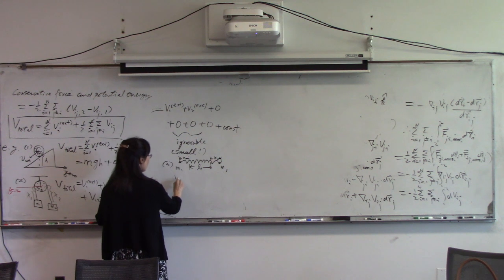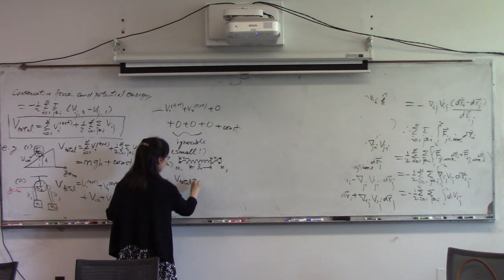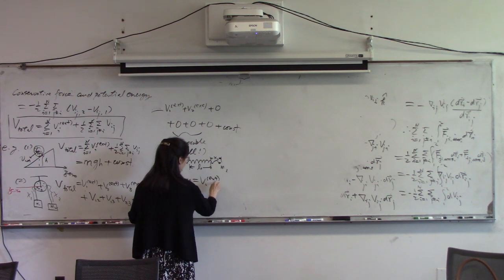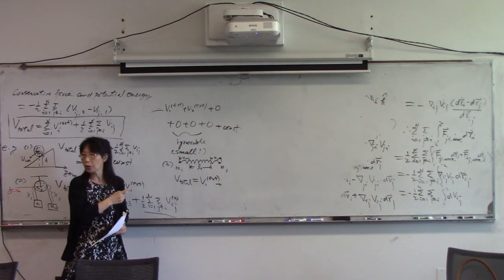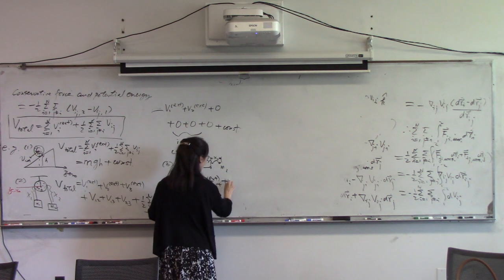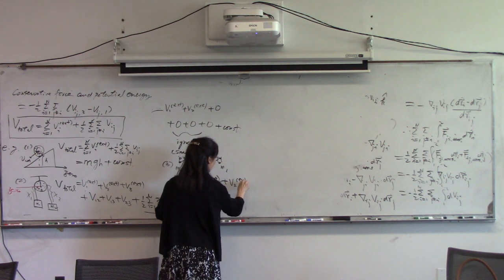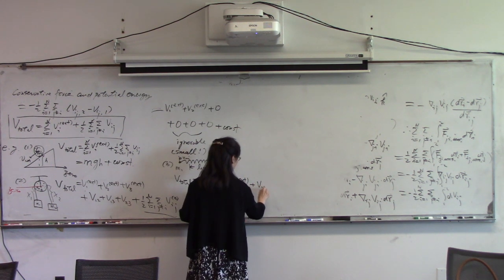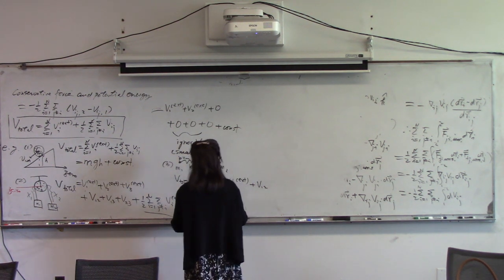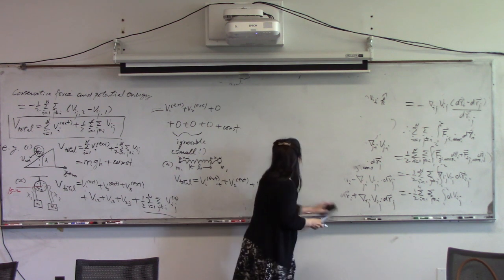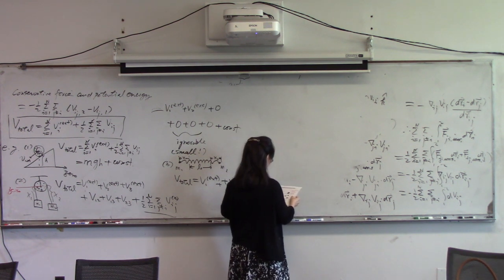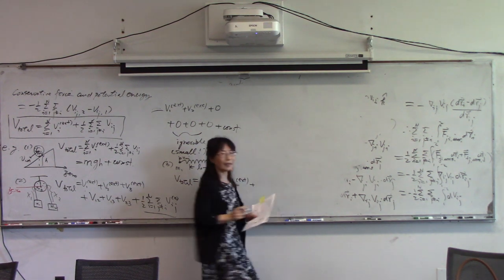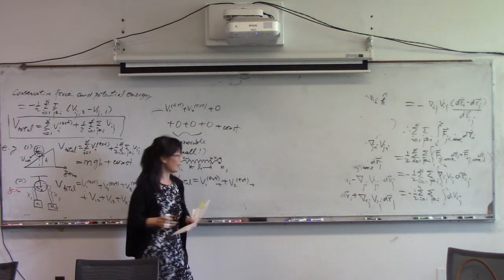Now in this case, the total potential energy of this system will be V1 external, the external gravitational potential energy on particle 1, and the second one external, plus the internal, V12, right? The internal, you can say that is internal or external, it's fine.